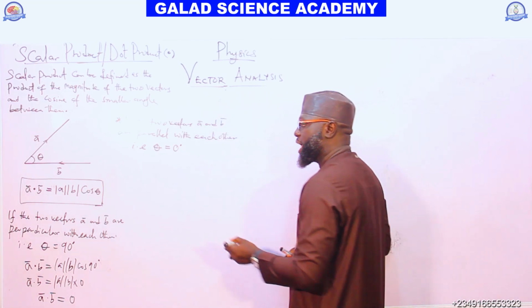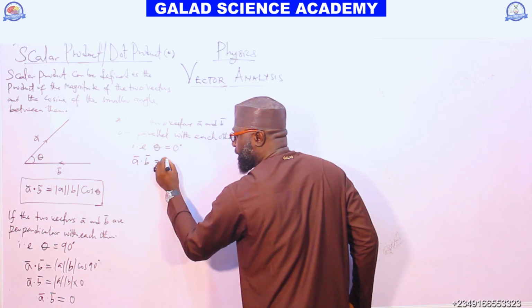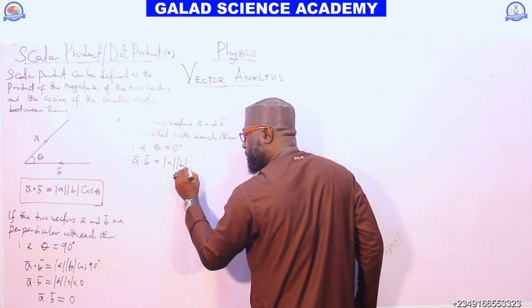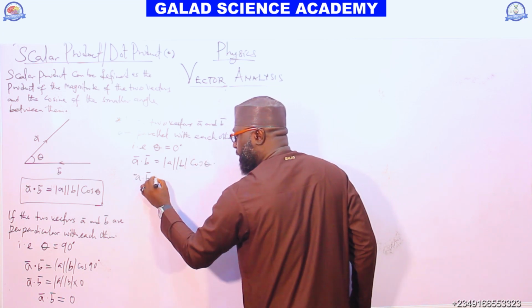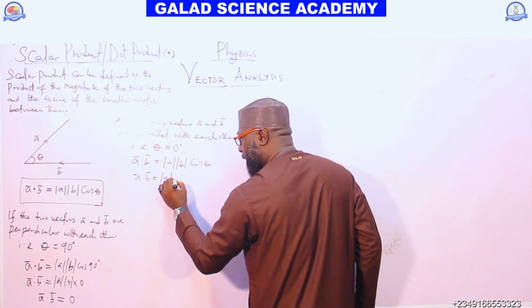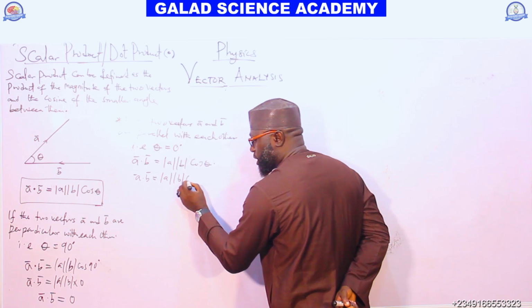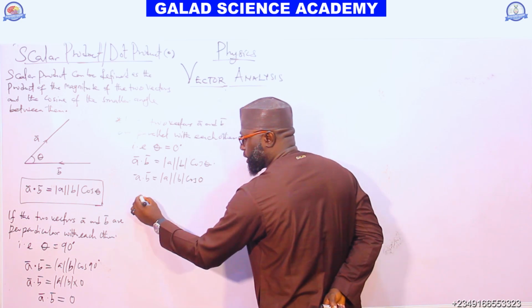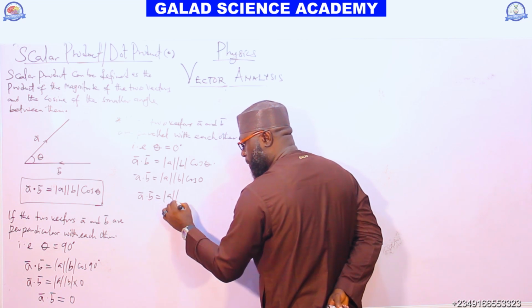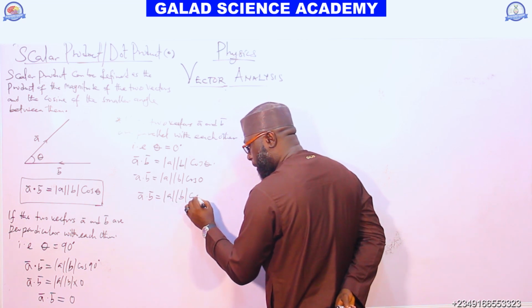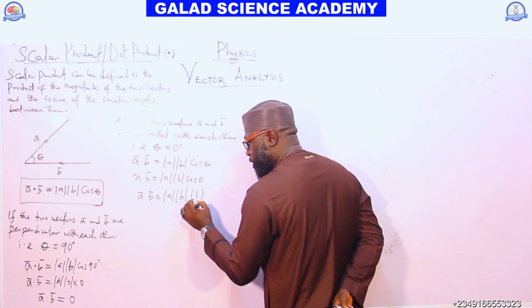So the dot product of A and B is A magnitude, B magnitude, cos 0, and cos 0 is 1.